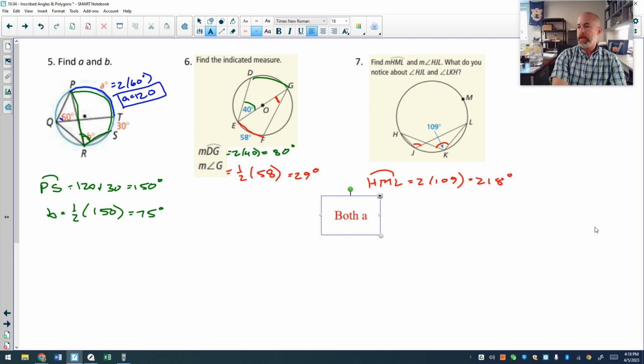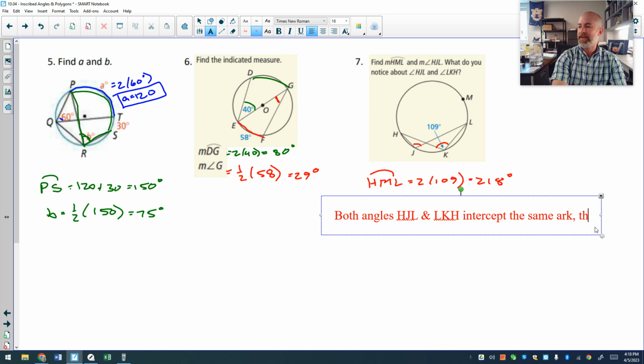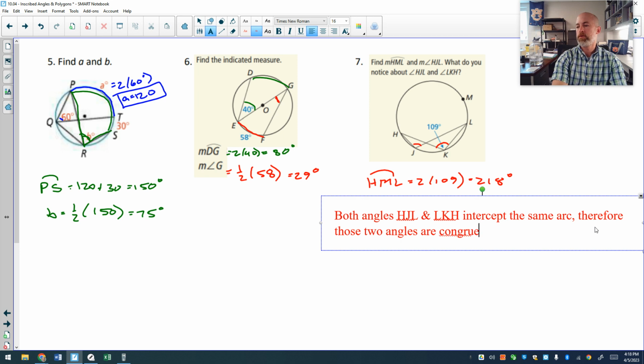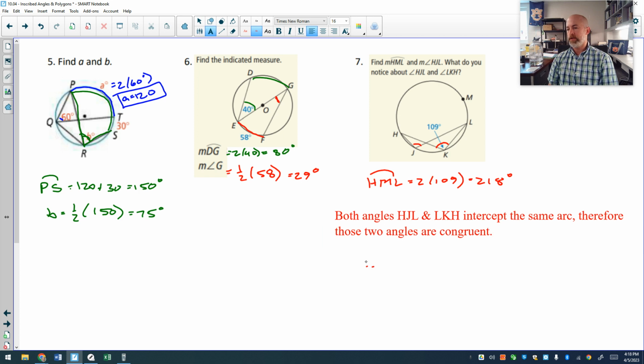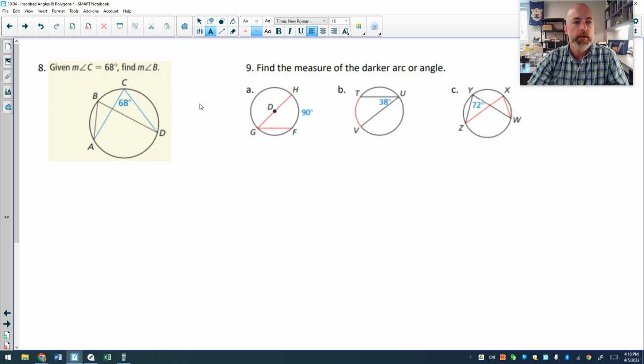Both angles HJL and LKH intercept the same arc. Therefore, those two angles are congruent, which means that angle HJL is also 109 degrees. Cool. Are we good? All right. Onward we go.